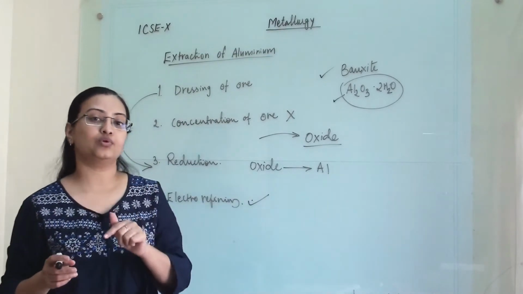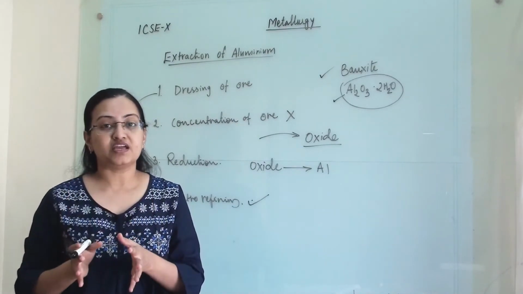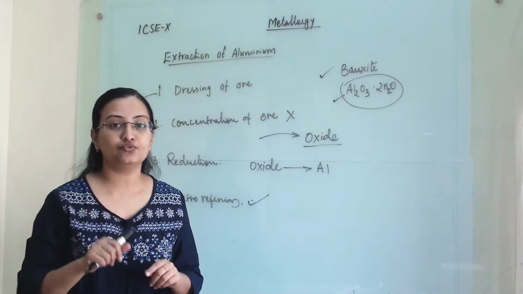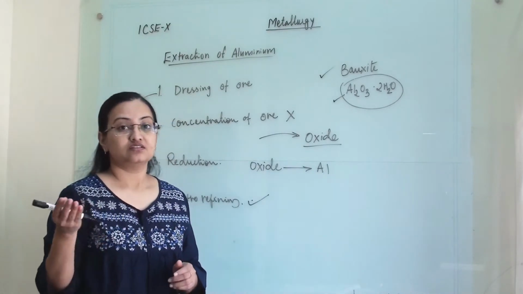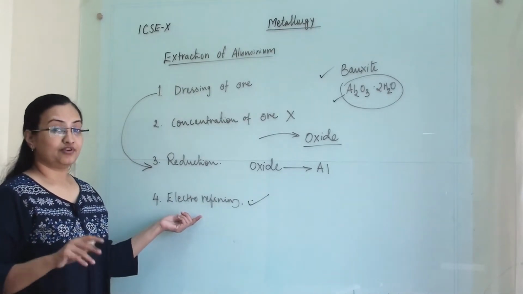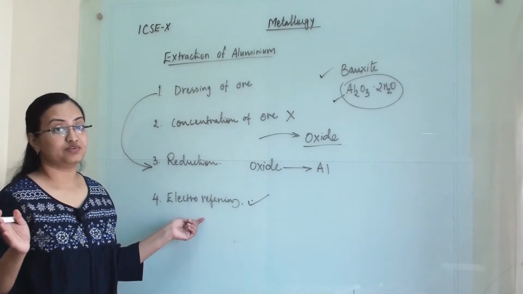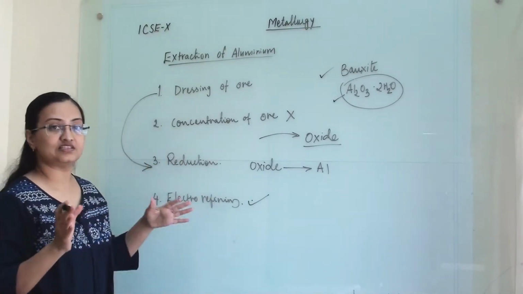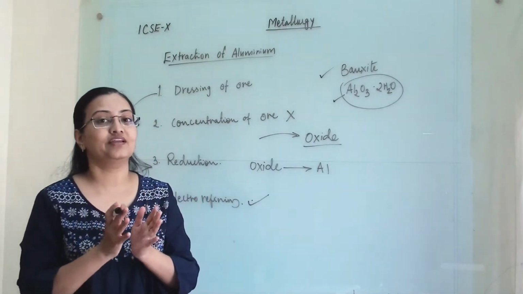I have given that video link in the description, or you can check the website under ICSE Standard 10. You will find it in the electrolysis chapter, or you can see the playlist. So we will perform electro-refining if we require metal above 99% pure. All this is just an overview of how we are extracting aluminium metal.